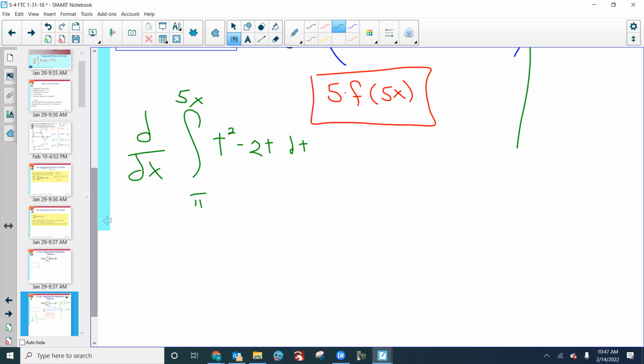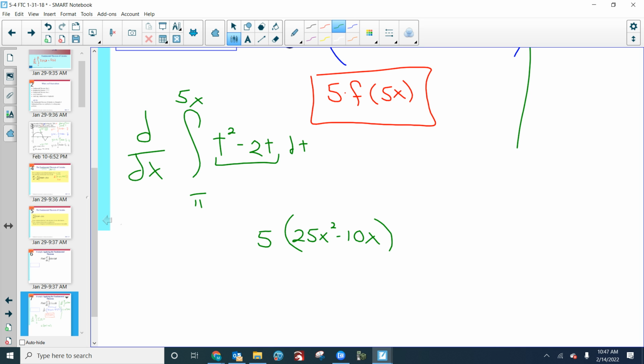It tells us to take 5 times little f and plug in 5x for every t. Is that right?